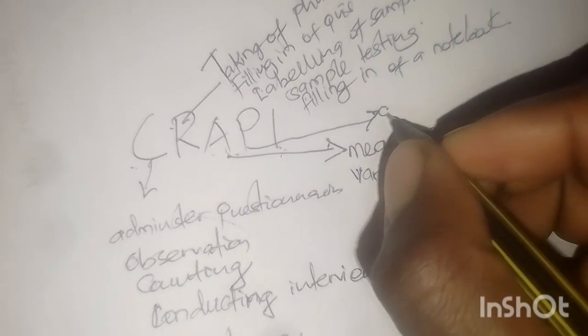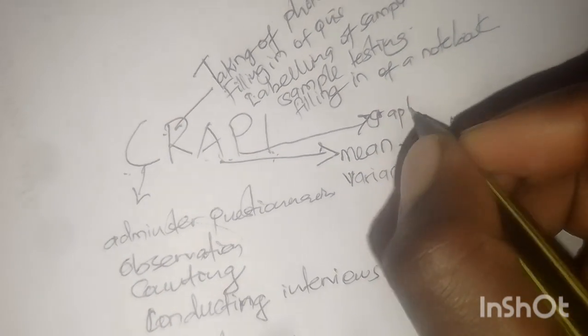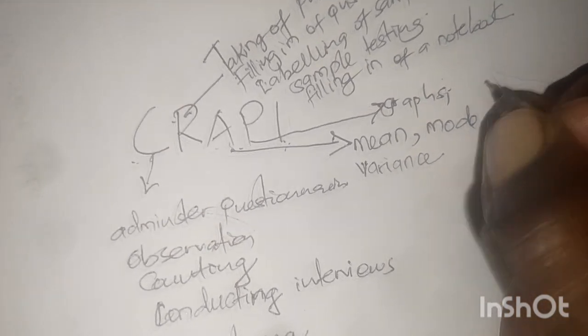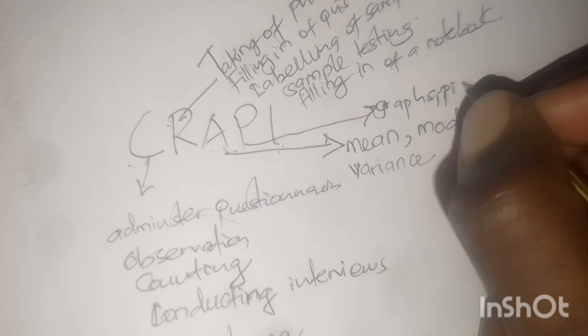When it comes to presenting of data, how do we give this data to people? It can be in form of graphs, like maybe a line graph, a comparative line graph. It can be in form of pictograms.